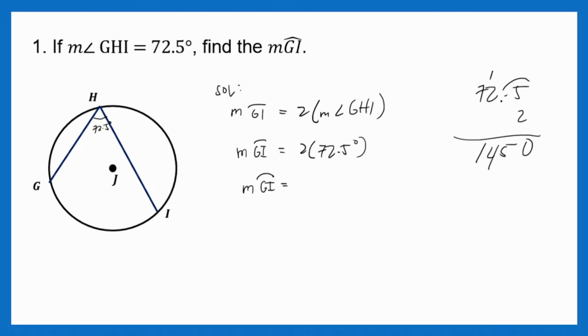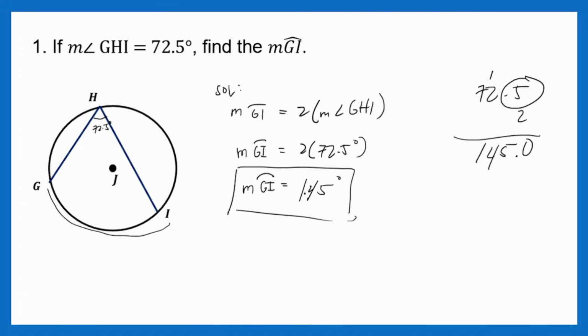So, since may isang decimal, isa lang din dito. So, we have 145 degrees. So, ibig sabihin, the measurement of GI, itong part na ito, is 145 degrees. And that is now the final answer.